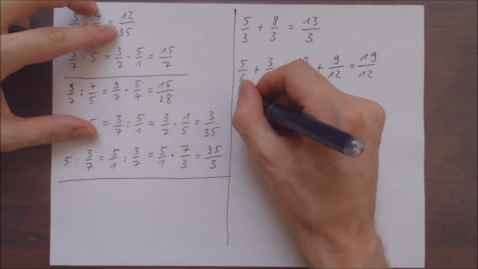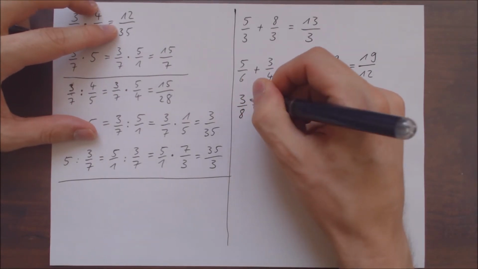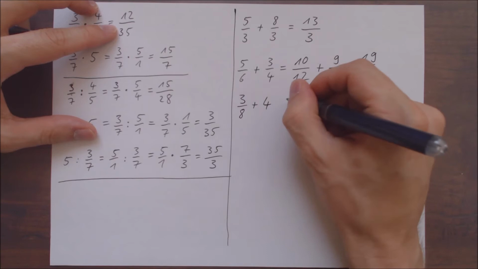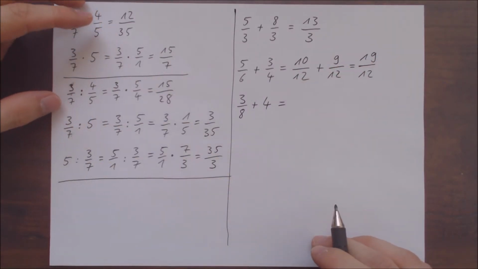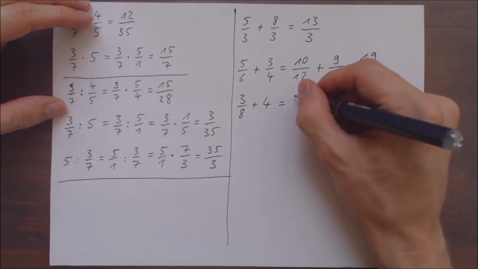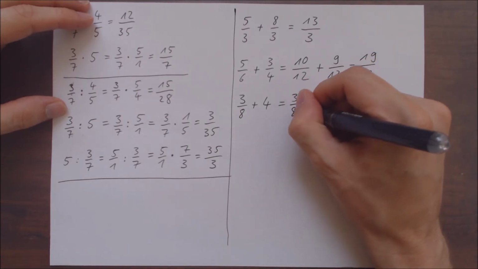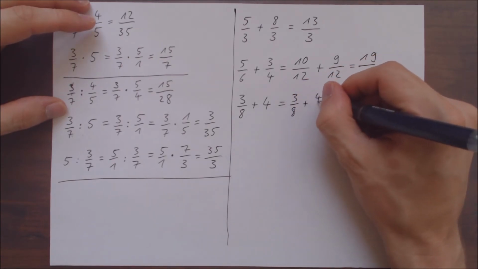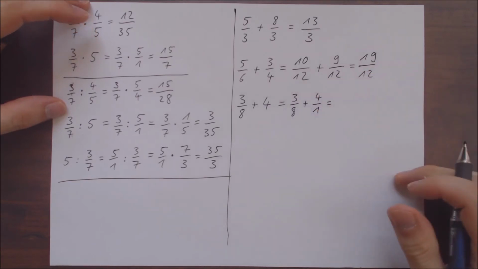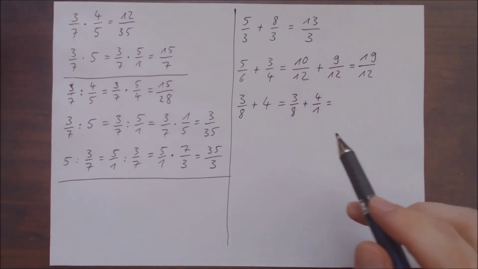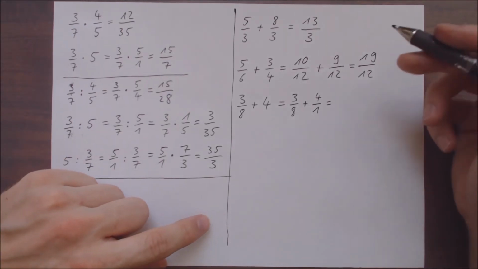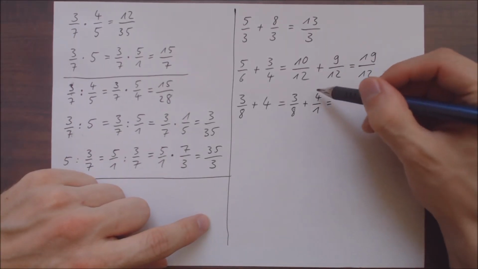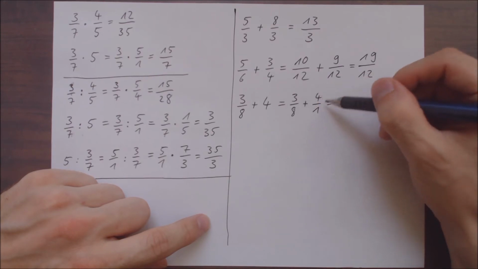Next case is when we have a fraction plus an integer. So again, just as we did before with our multiplication and division, we convert the whole number into a fraction. And now we have the same problem as before. We have two different denominators. That means we have to multiply this one by 8.